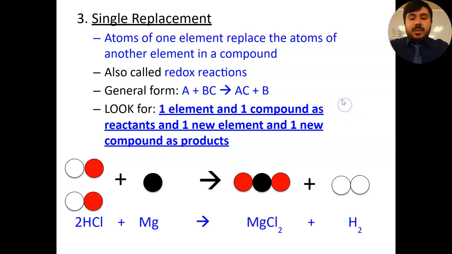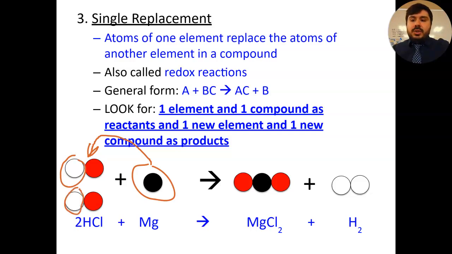Now, the last one we talk about here, and actually before I get to that, this is a good example of a single replacement reaction. It's whenever you've got two HCl molecules reacting with the metal magnesium. What happens is the magnesium comes into the formula here. This magnesium atom will come in, react with the HCl, and boot out these two hydrogen atoms.